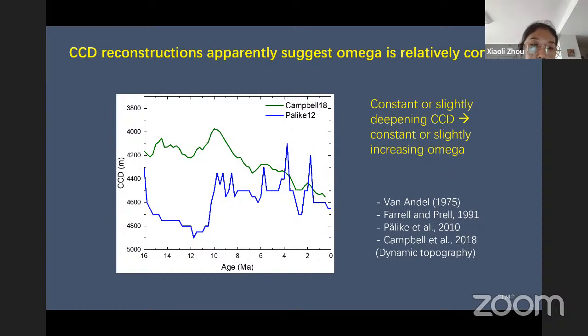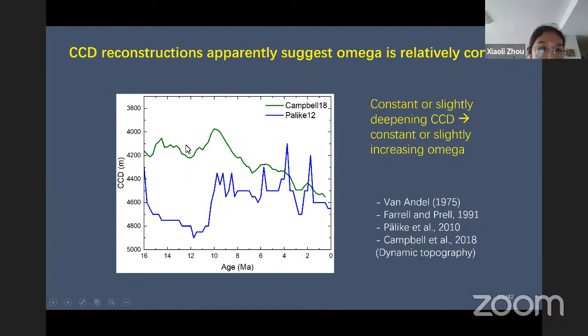The CCD, or the carbonate compensation depth, has been used as a proxy for omega. The figure shows you how the CCD has varied over the last 16 million years. These are from Pälike 2012 and also from Campbell 2018.